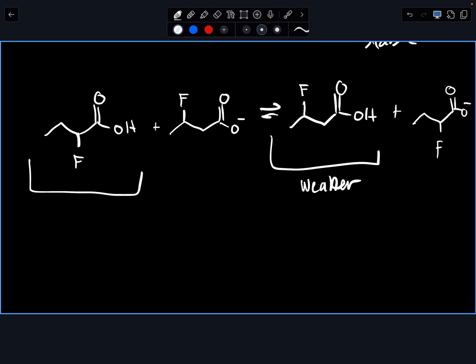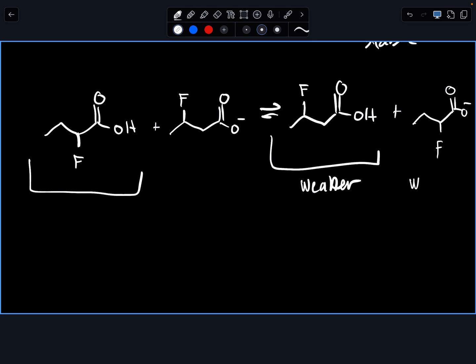You could look at that anion and say it's going to be weaker than the anion on the left because it has a fluorine nearby that can pull some electron density towards it. The other one also does, but it's further away. It's not as effective at pulling negative charge, because it's not going to be felt as strongly by the negative charge having that fluorine kind of nearby.